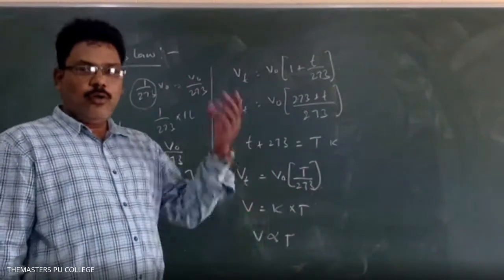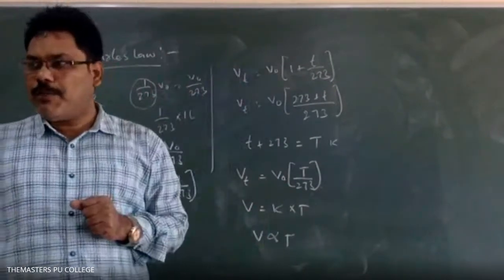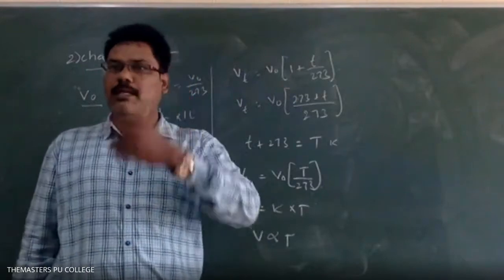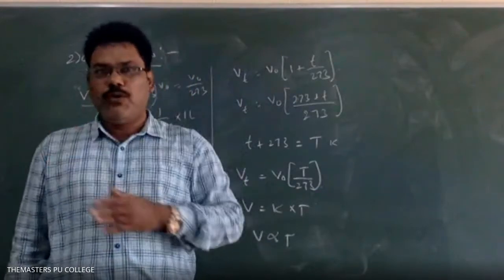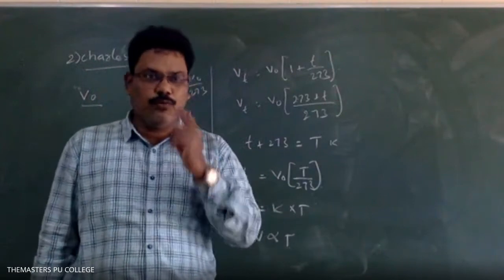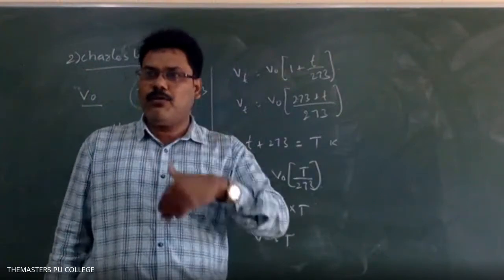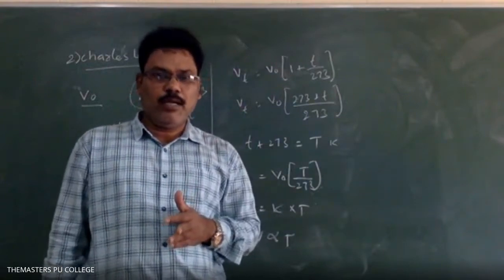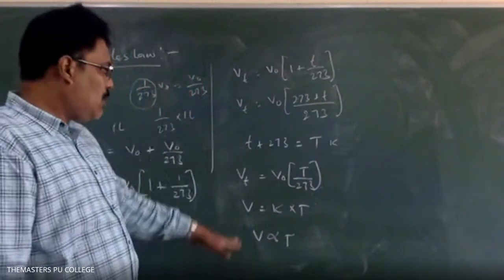At T1 temperature, the volume of gas is V1. If you increase or decrease the temperature to T2, then the volume of the gas is V2. Then V1 by V2 equal to T1 by T2. Got it? Okay. So this is the Charles law.